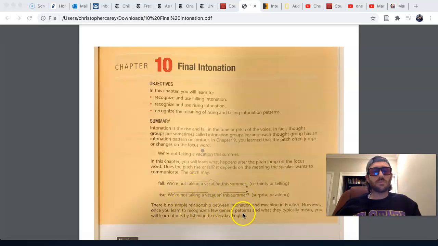Even though there's no simple relationship between intonation and meaning, we can identify and recognize some general patterns and what they typically mean, right? Whether we're making statements or whether we're asking questions.